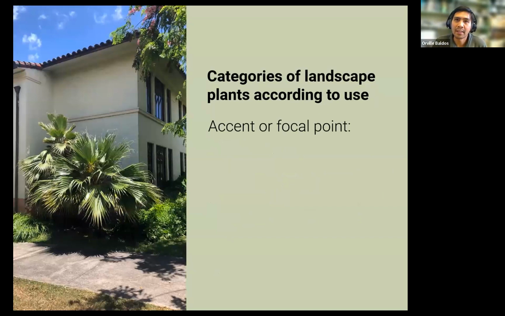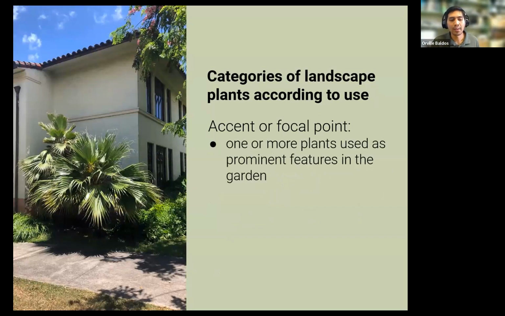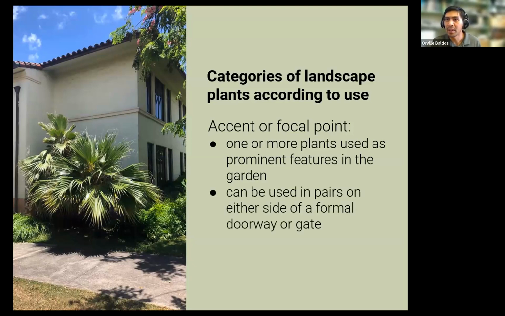Then you have accent plants or focal point plants. These are one or more plants, maybe up to 3 plants, that you can plant in a garden to create interest. You can use them in pairs, or plant them between 2 buildings to frame that building entrance, or maybe a gate.